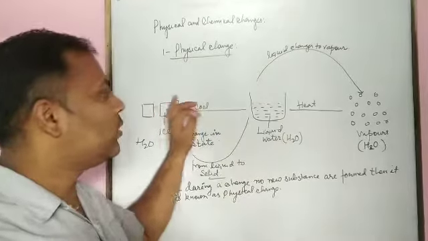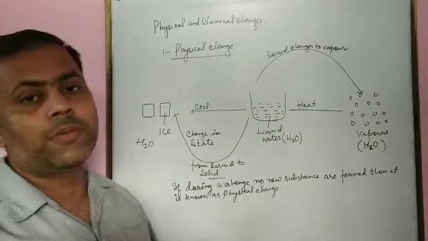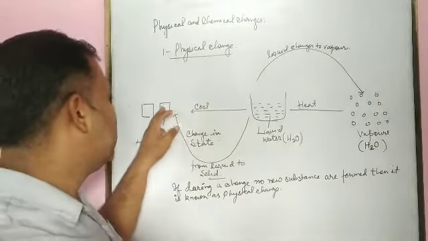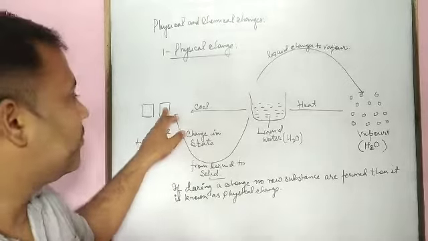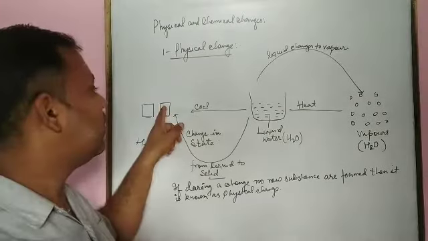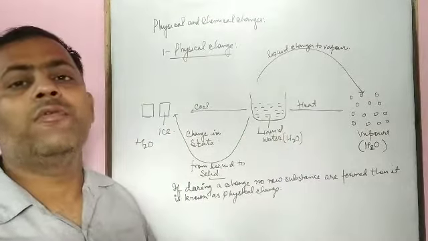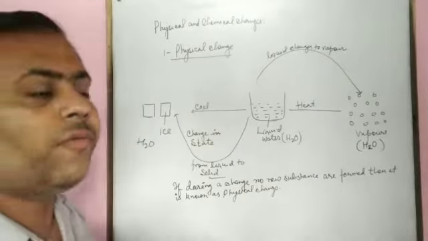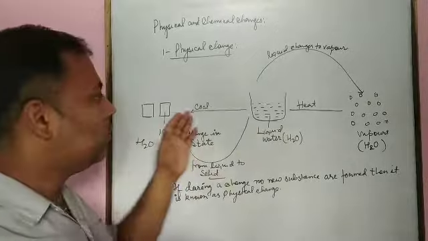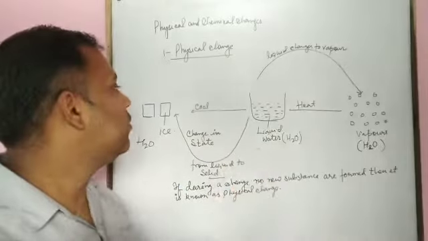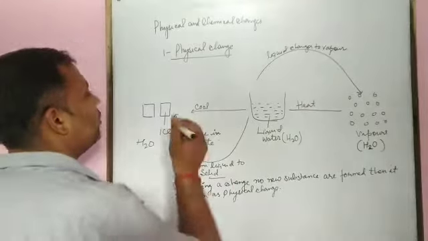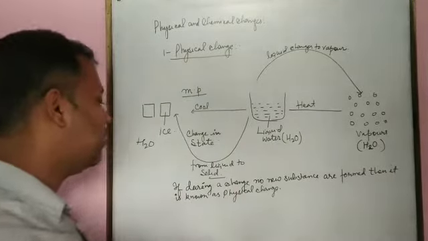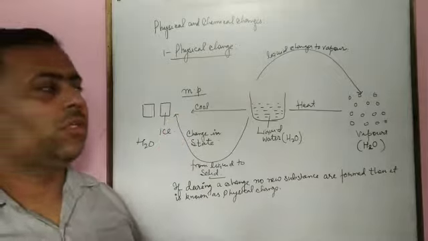During the conversion, no new substance is formed, but change has occurred in state. It means the conversion of ice into water is a kind of physical change. Why? Because no new substances are formed. But during this change, what do we know? We know the melting point of ice. It means melting point is a physical property.